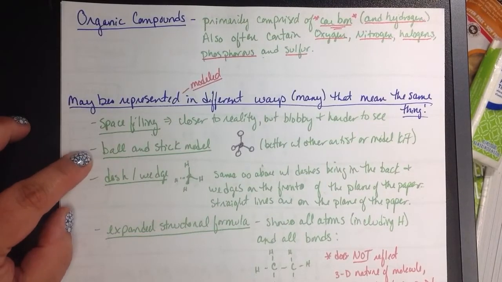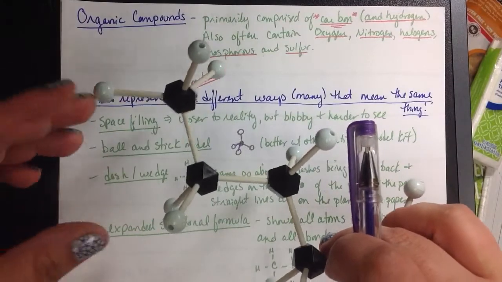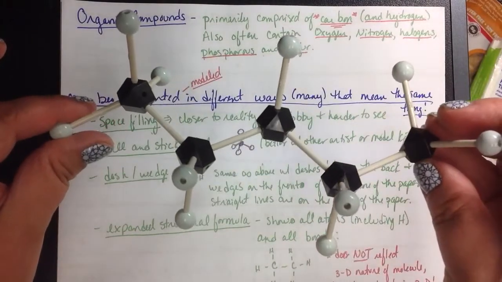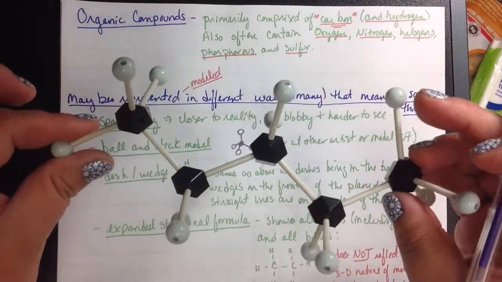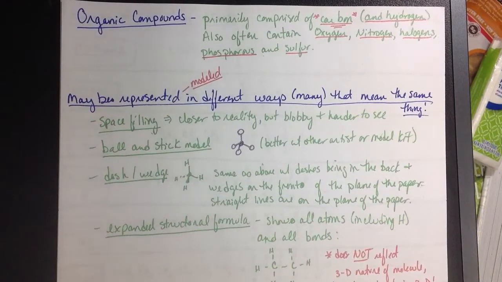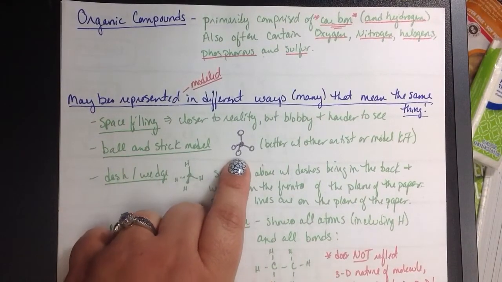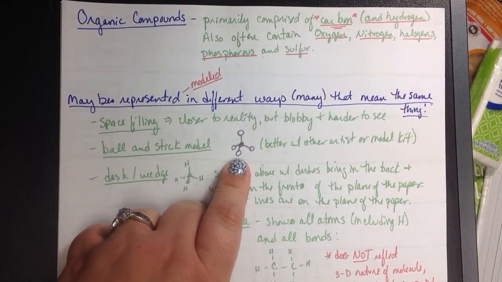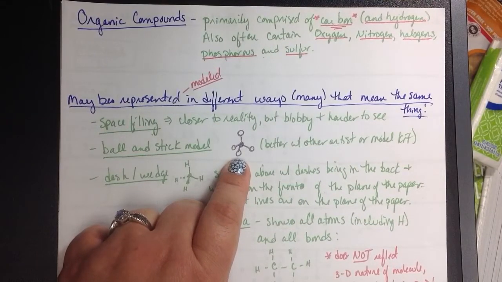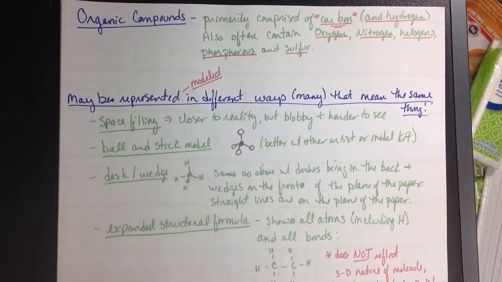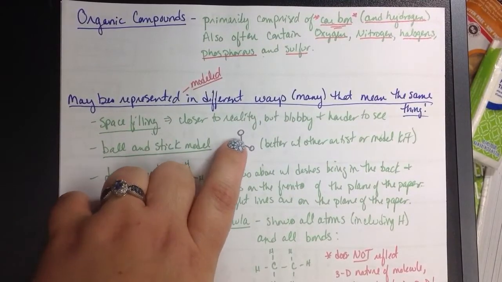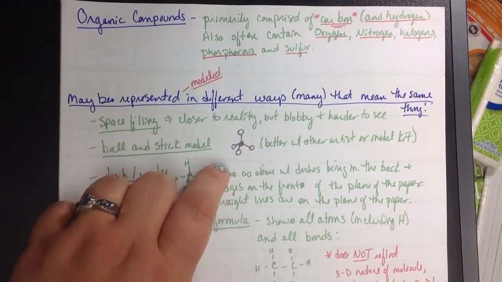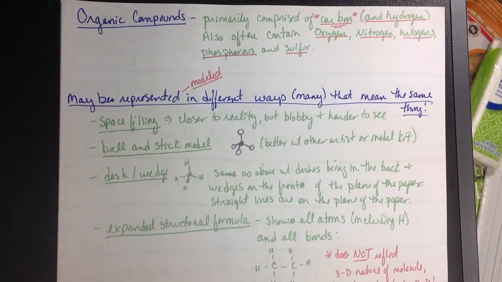The ball and stick model is what you more typically see, and it's more reminiscent of the actual models in model kits that we're going to talk about in a little bit. But these can be represented in drawings as well. Obviously, not my drawings very well, but in other people's drawings they can be represented pretty well. Usually you'll find that different colors for the different balls mean different types of atoms.